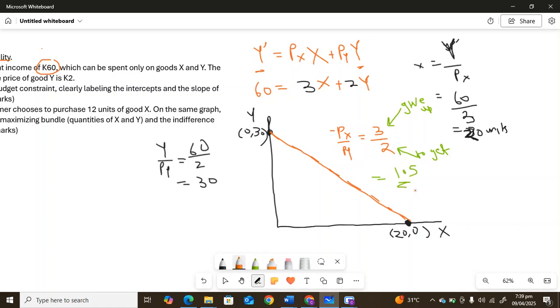So to get 1 unit of good y, you give up 1.5 units of good x. Okay, colleagues, that's what the slope is telling us. Any questions before I move to the next part?